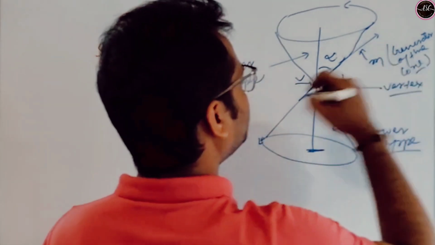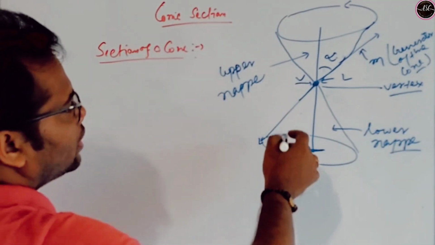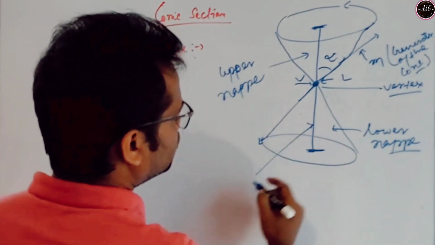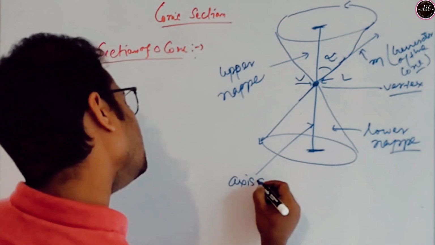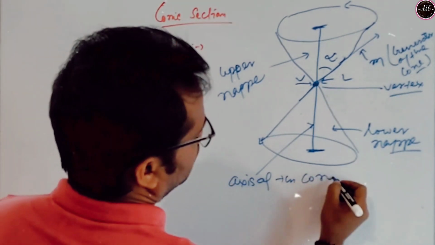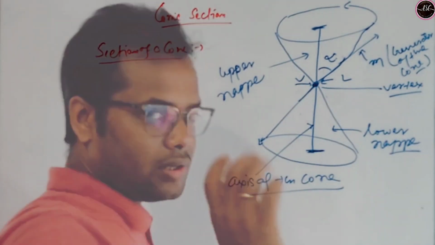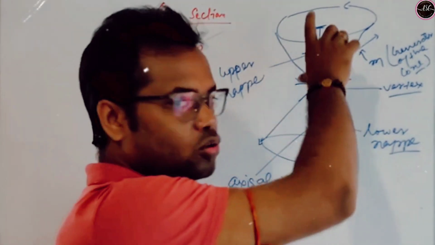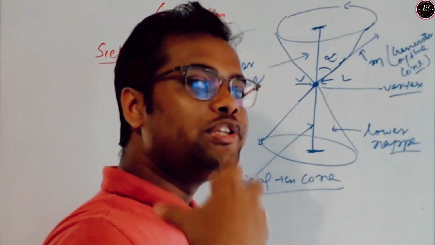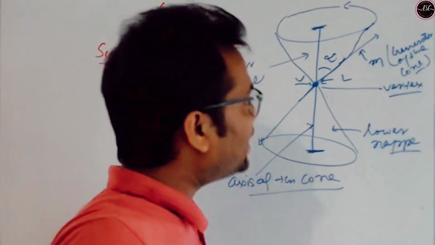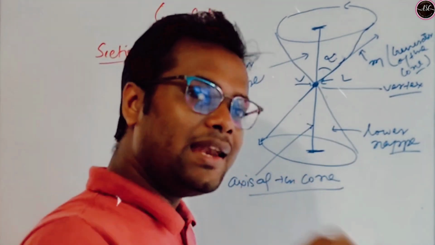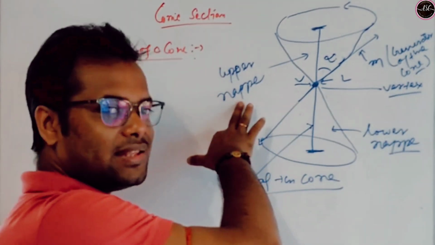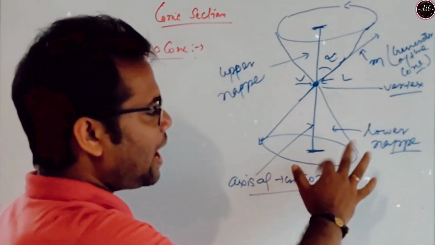And this fixed line, that means L, is called the axis of the cone. This vertex V separates this surface into two different cones, called the nappes. That is, this is the upper nappe, this is the lower nappe.